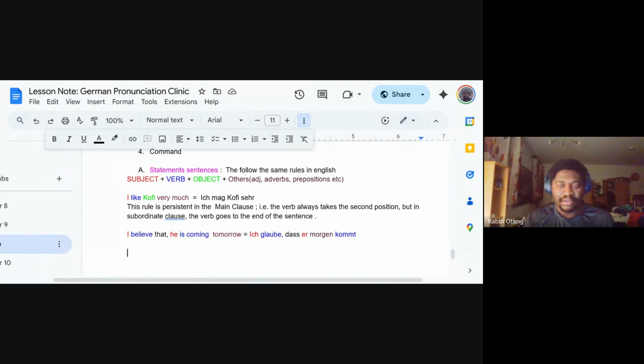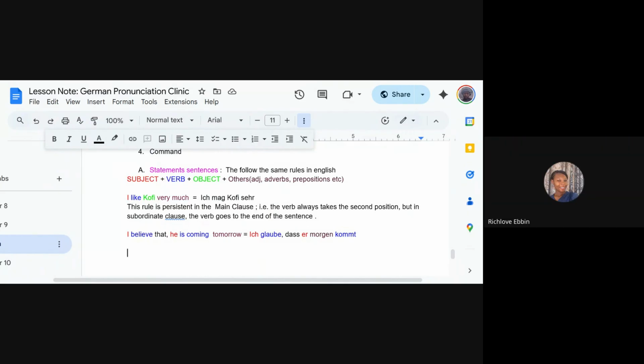Let's say a sentence will be like a long sentence. Give me any sentence. I believe that he is coming tomorrow in the afternoon.